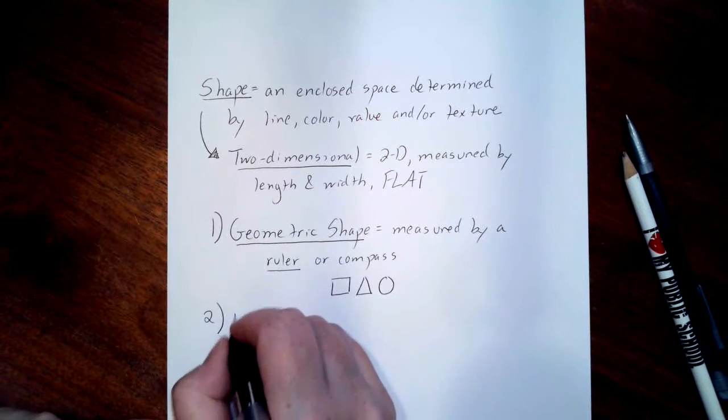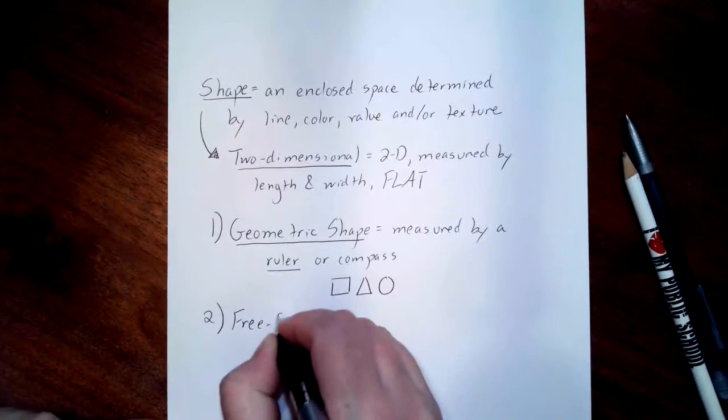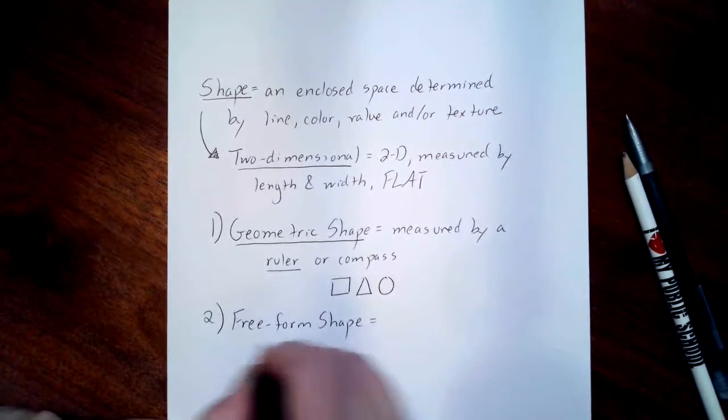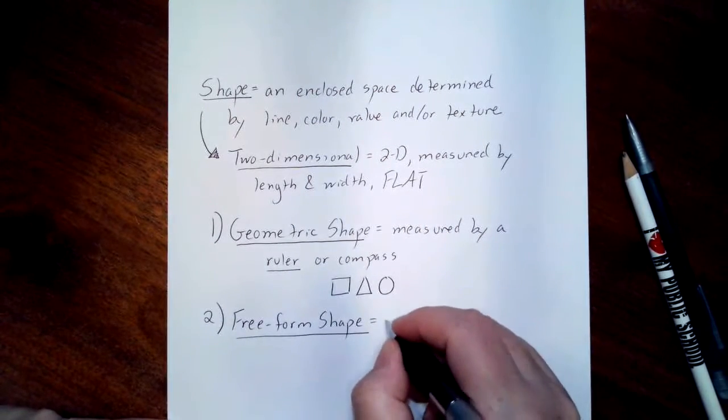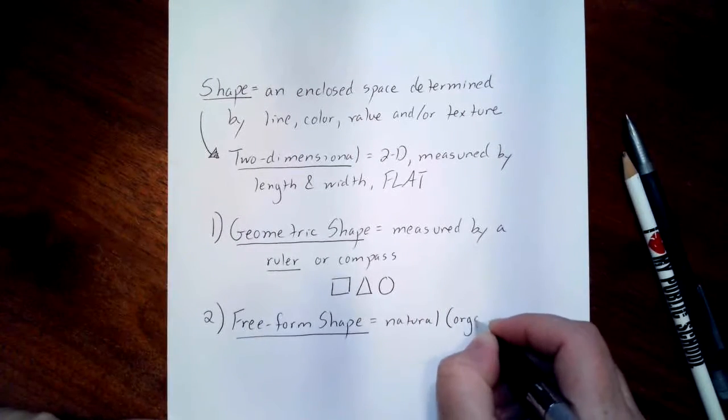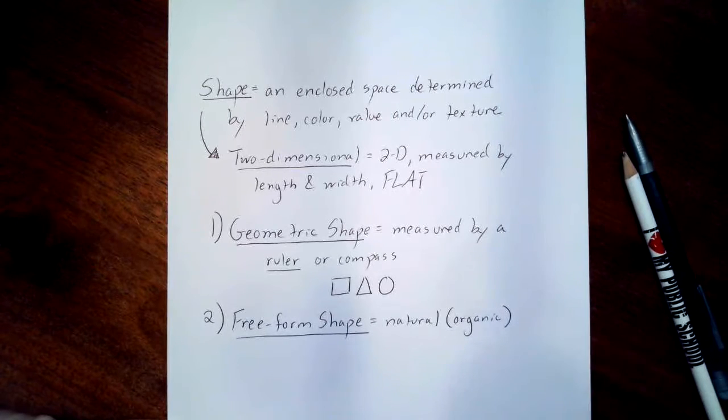We can also have what we call a free form shape. These are natural. Sometimes we'll say organic.